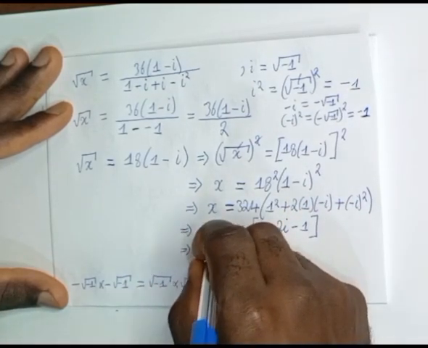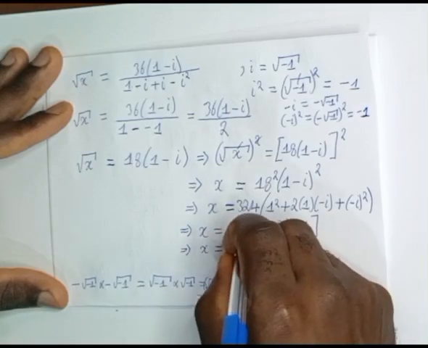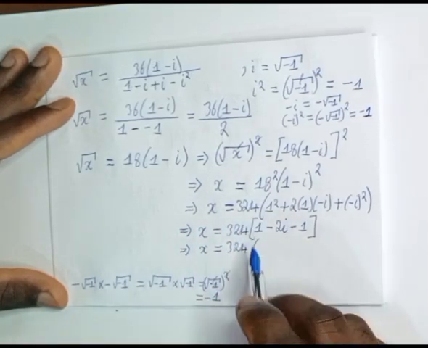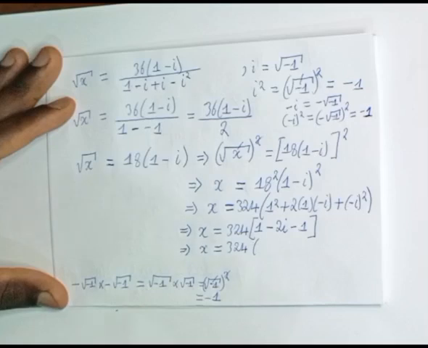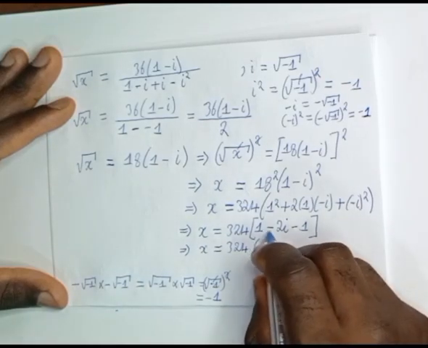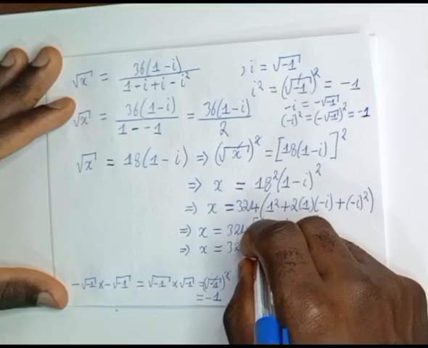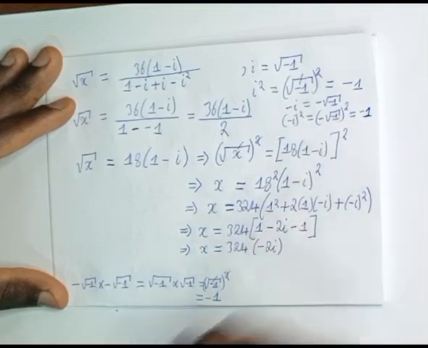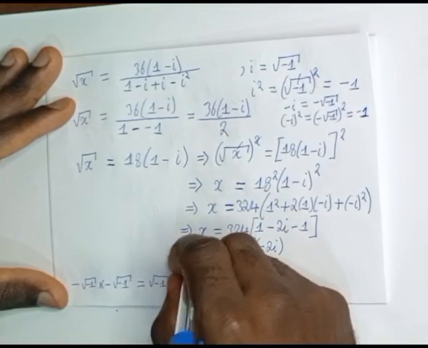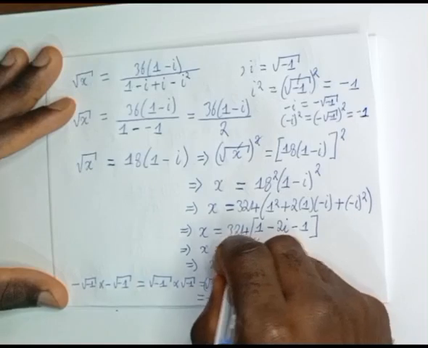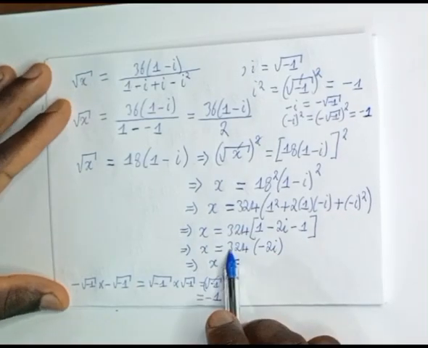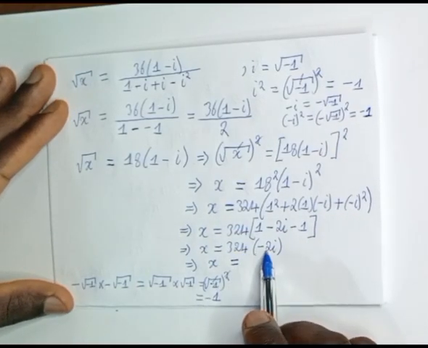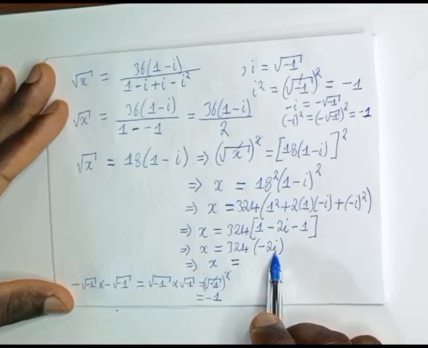Then x will simply be equal to 324 times 1 minus 1 gives us 0. 0 minus 2i will be left with negative 2i. This will imply that x will be equal to 324 times negative 2i.